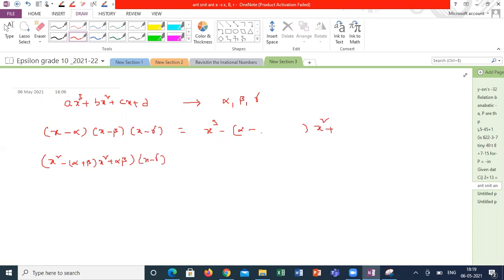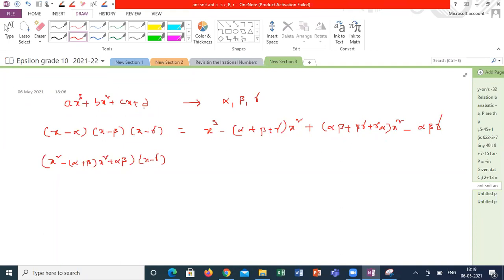So x cube minus alpha plus beta plus gamma into x square plus alpha beta plus beta gamma plus gamma alpha into x minus alpha beta gamma. This is a pattern you will get.